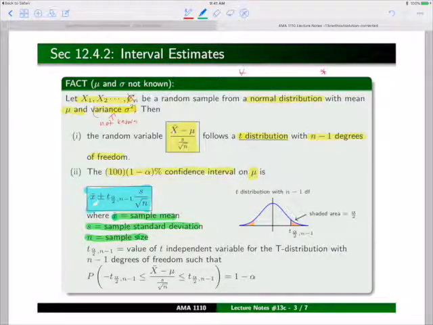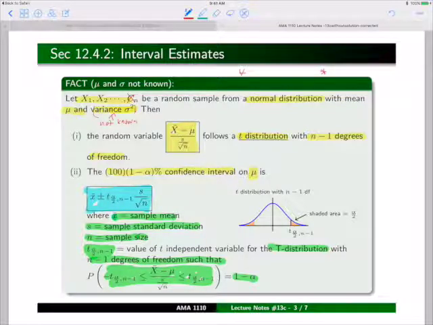Now t alpha over 2, n minus 1 behaves just like the z alpha over 2 for the confidence interval with the normal distribution, but this is the t distribution. It's the value of t, the independent variable of the t distribution with n minus 1 degrees of freedom, such that the probability that this normalized variable falls between these two values is 1 minus alpha.